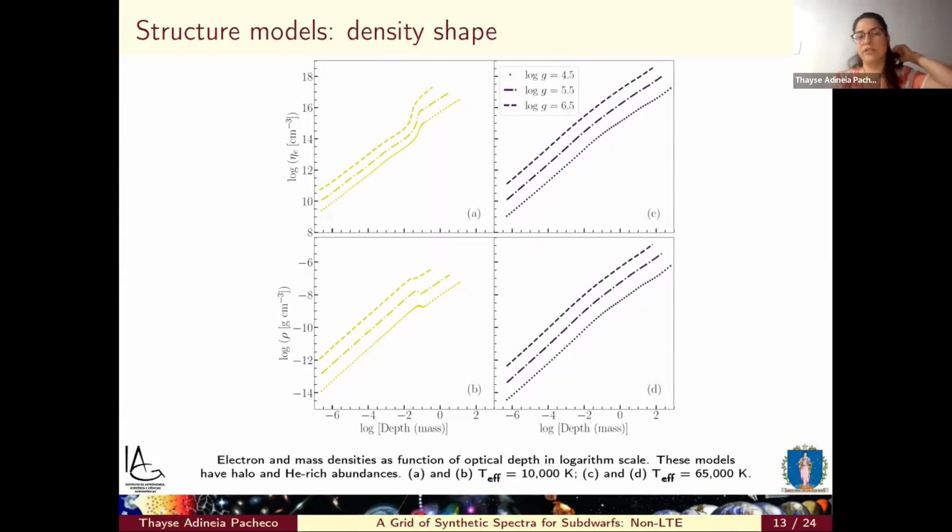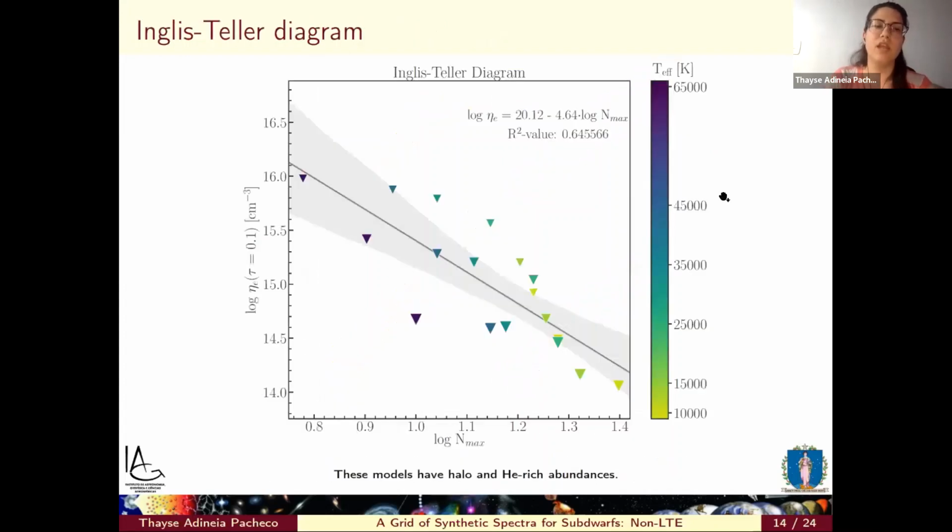We included convection in this cooler model, and the hotter models have a straight shape. We also produced an Inglis-Teller diagram, which is a classical diagnostic for electron density.